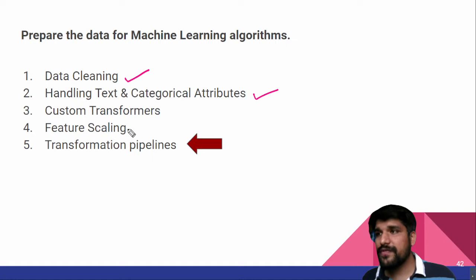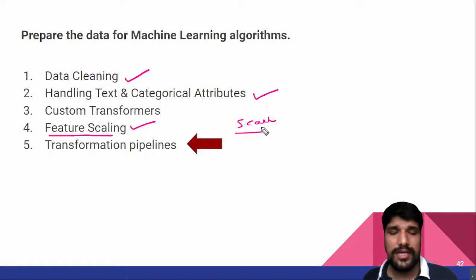Then after that we jumped to the fourth point, that is feature scaling. So basically feature scaling means that we must have the data on a constant scale, right? Otherwise it will not do the prediction properly and an issue of bias may arise, as it treats the higher values very well and the lower values not.